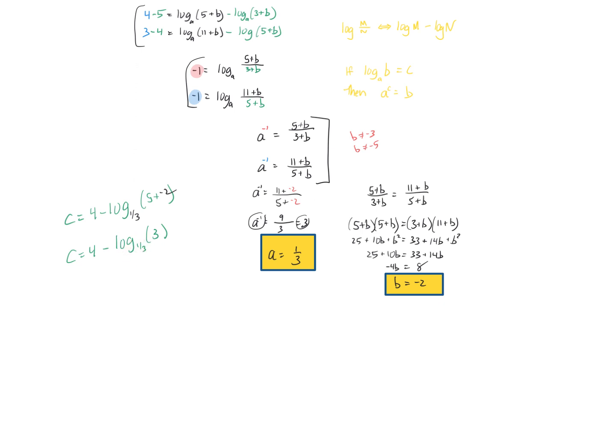So let's evaluate that. Remember, we're trying to figure out what this is equal to. And it's equal to an exponent. So what it's equal to is the exponent on 1/3 that yields 3. And of course we know that 1/3 to the -1 is equal to 3. So that question mark is -1. So c is equal to 4 minus a -1. So c is equal to 5.